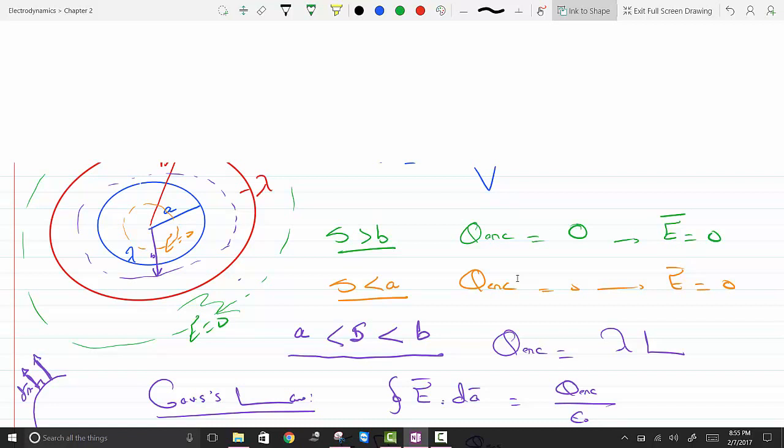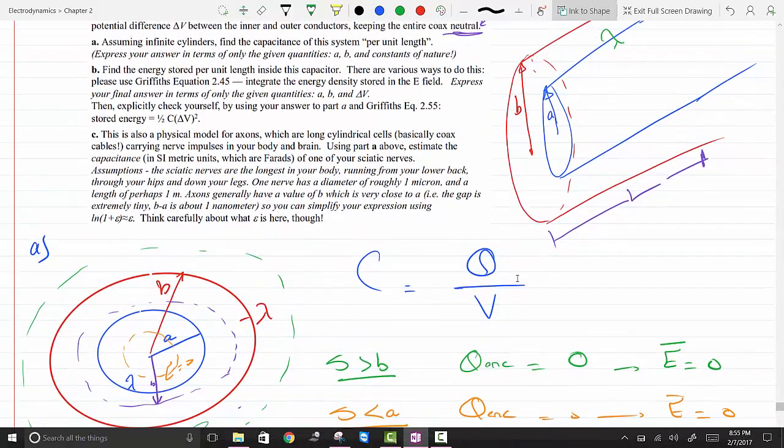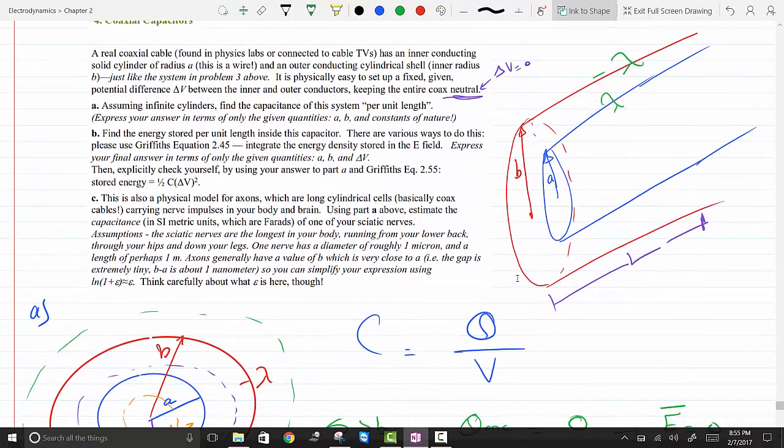From there you can find your potential. From the potential, because there's going to be charge in the potential, you can take the ratio of the charge per voltage, and that would be the capacitance. Right. Okay, I'll let you try it out.